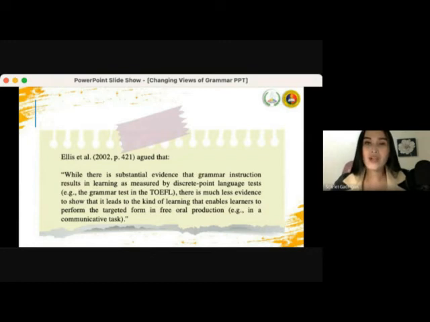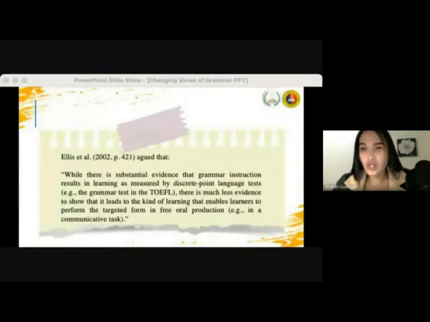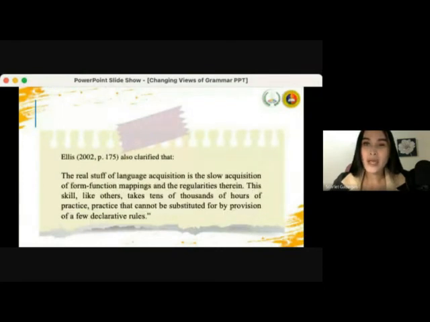That's why it's kind of off to say that we need to teach grammar structures in a linear way, because as Ellis et al. mentioned here, how they actually learn in the classroom does not match how the students actually use it outside, or how learners actually build their grammar. Okay. So Ellis 2002 also clarified the real stuff about language acquisition.